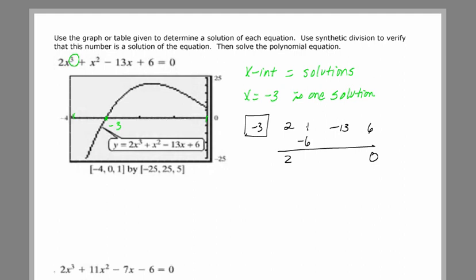That's a -6. That's a -5. That's a 15. That is a 2. And that is a -6. And yep, we should have expected a remainder of 0 because we divided by an x-intercept, which is a 0, which is a solution. Solutions will always give us remainders of zeros.